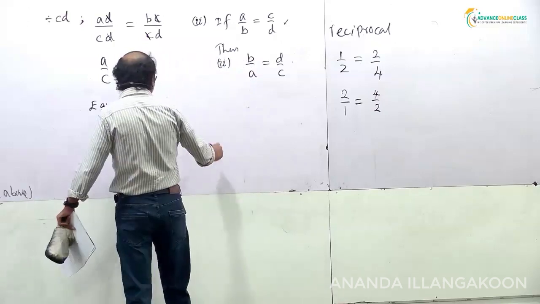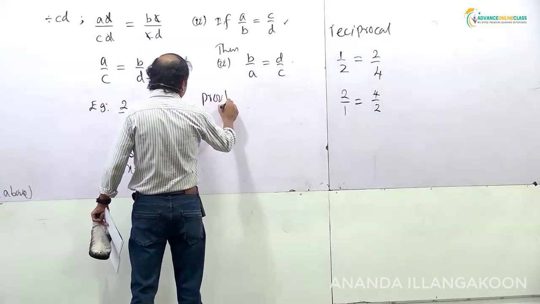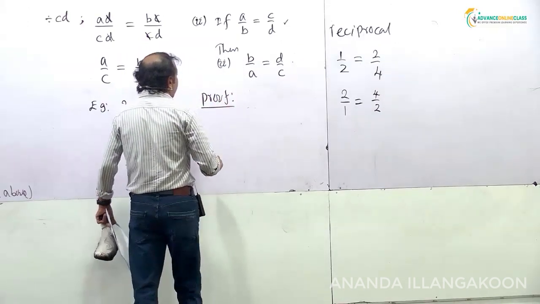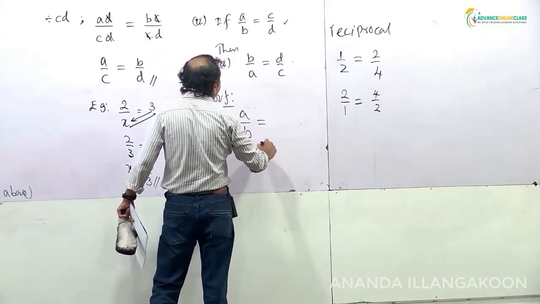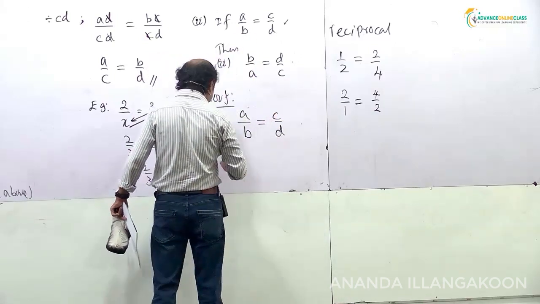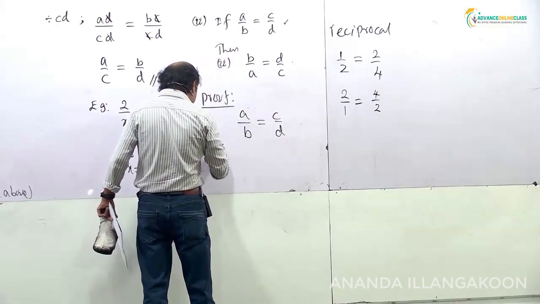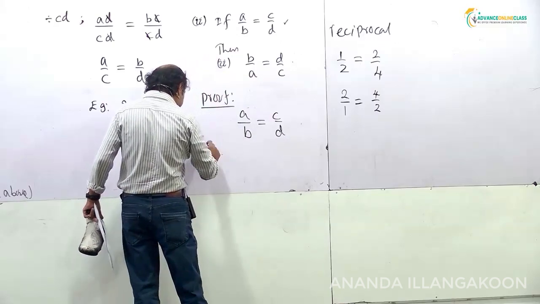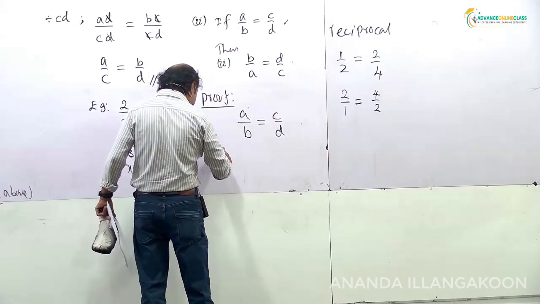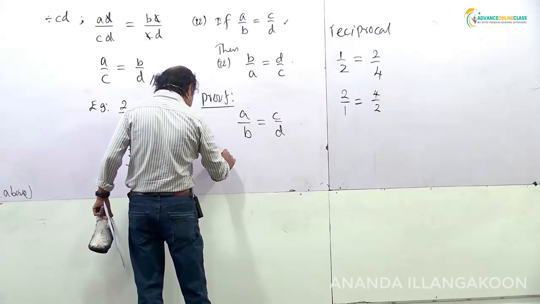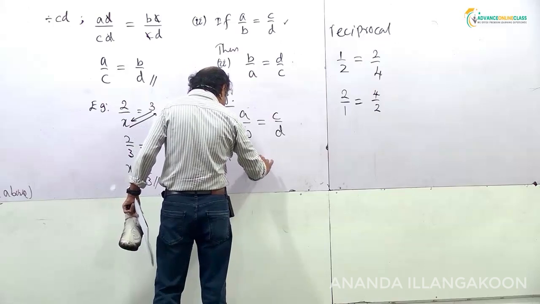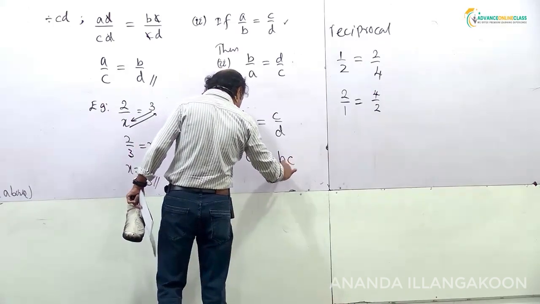Now how to prove this? Come to the proof here. First write down A over B equals C over D. Then we can write AD equals BC.